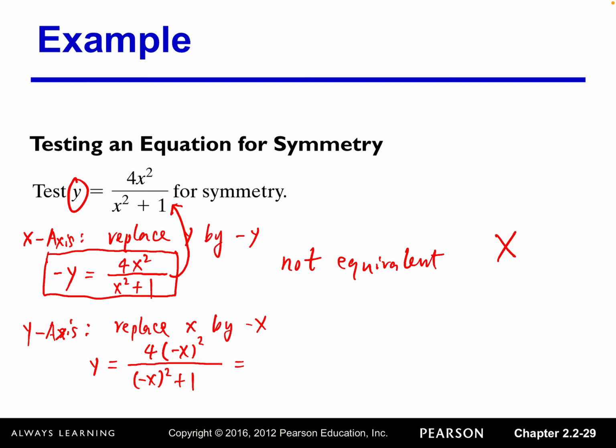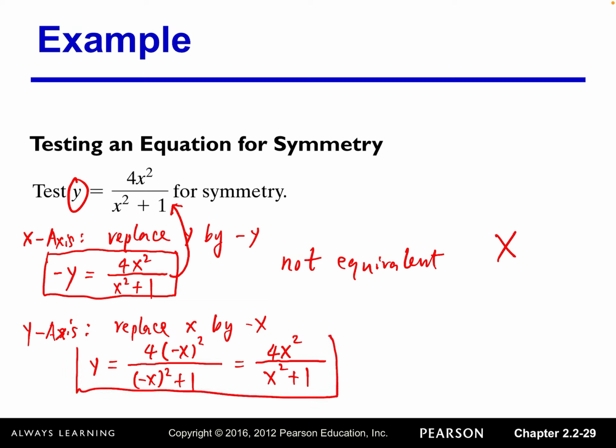We know positive x squared and negative x squared, after squaring, the negative sign goes away. So it doesn't matter that we replace x by negative x, after squaring it will be the same. So if we simplify, the negative sign goes away. So that's numerator 4x squared, denominator x squared plus 1.